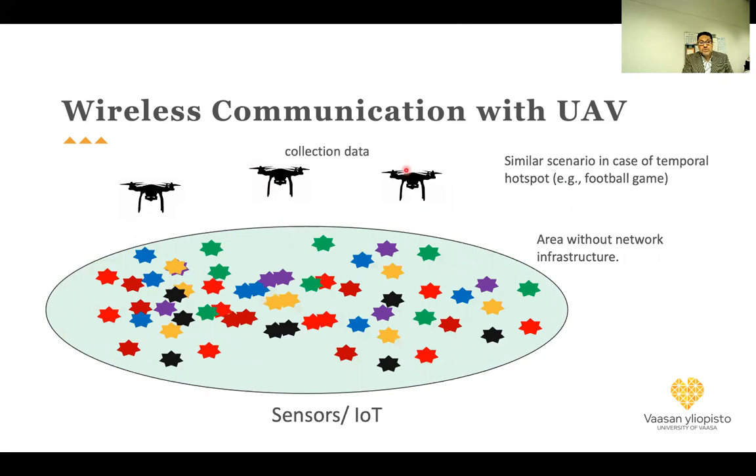They can also be used for collecting data. For example, we have thousands of sensors or IoT devices deployed in a remote area where we don't have any base station or any collecting of data. Then we can send our UAVs, so they can go over that area and collect data, and the data could be saved in the drone, or transmitted online to our backbone system or core network.